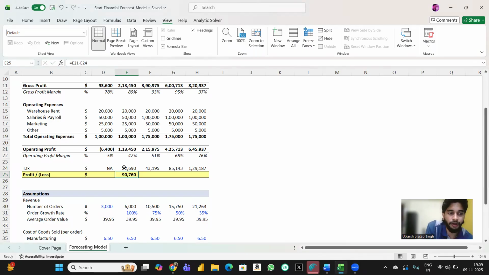The profit would be 90,760 for our business, as we are assuming this is an e-commerce business for textiles. Now we drag this from the second year to the fifth, and we get the profit for every year, which shows the increase in profit for every year for that particular business.